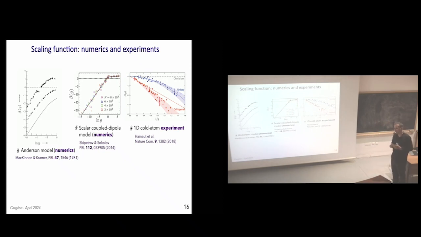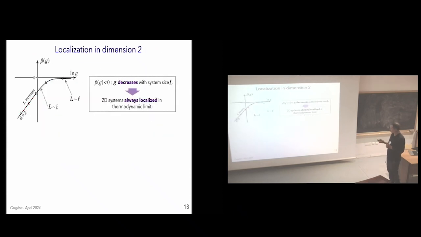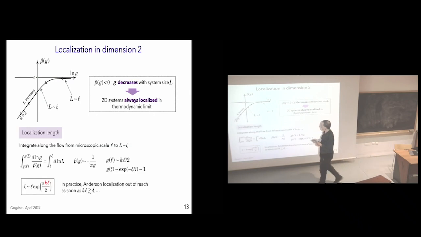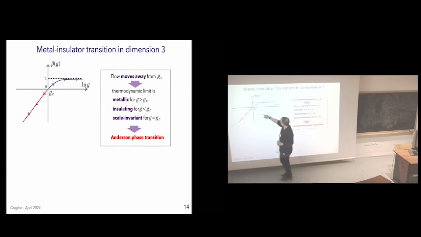Yes, from the renormalization group point of view, you don't see it here. So this repulsion, okay, it's here. You see that I drew arrows. These arrows indicate how you move along this curve as you increase the system size. Because here beta is positive, the derivative of G with respect to L is positive, so as you increase the system size, you go in that direction.